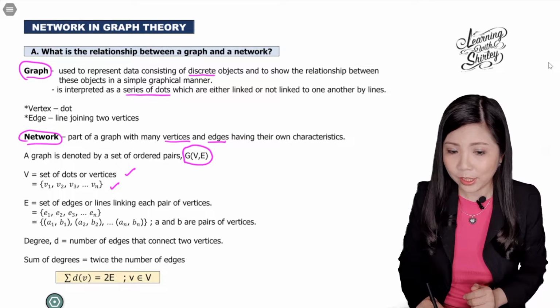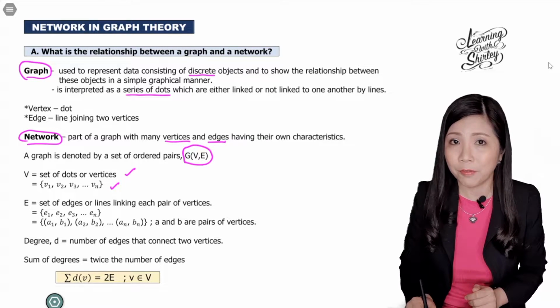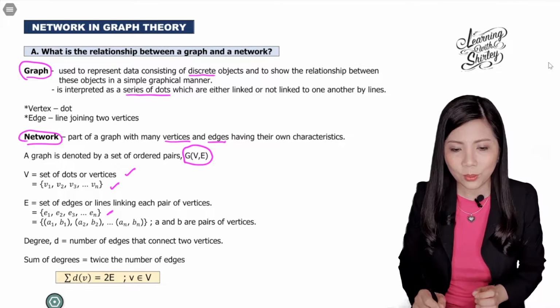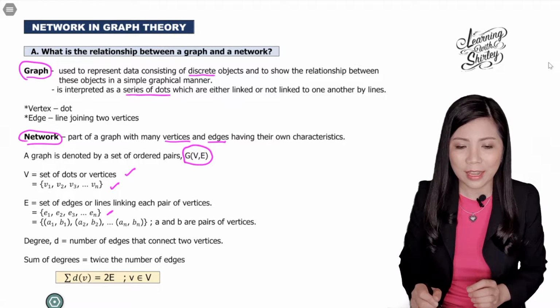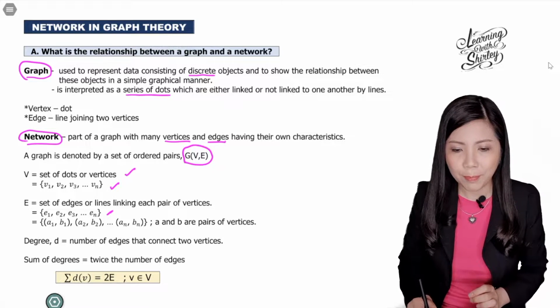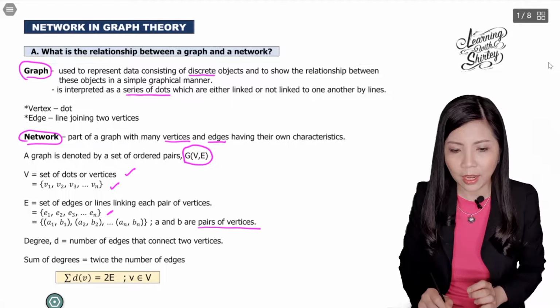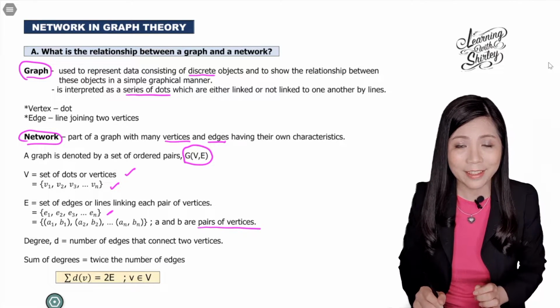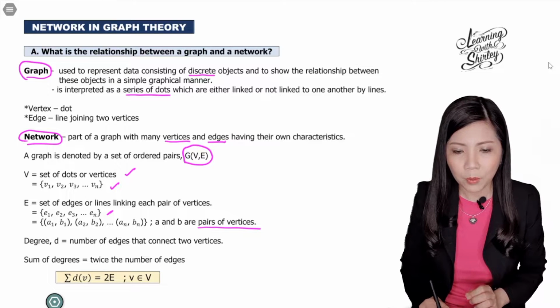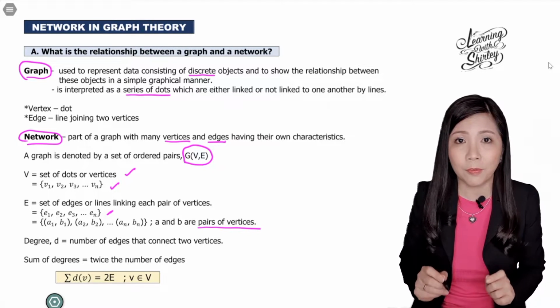E is a set of edges or lines linking each pair of vertices. We normally write it in set form, E1, E2, E3 and so on. We can also write it in pairs of vertices, which is (A1, B1), (A2, B2) and so on. All of them we write in braces, which is set form.